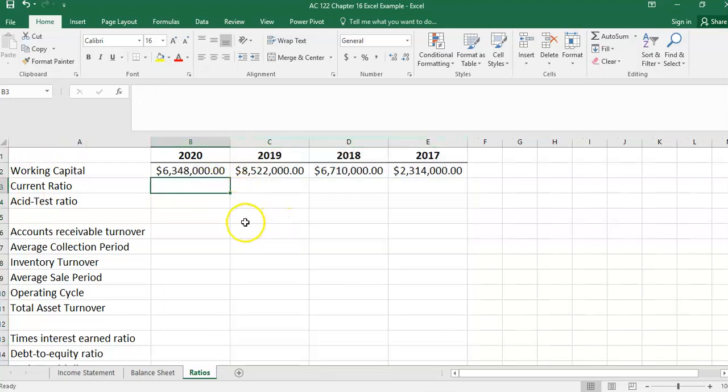Next is the current ratio. This is similar to working capital as it is current assets and current liabilities, and we're looking at our short-term debt, our ability to pay our short-term debt or our current obligation. This is current assets divided by current liabilities.